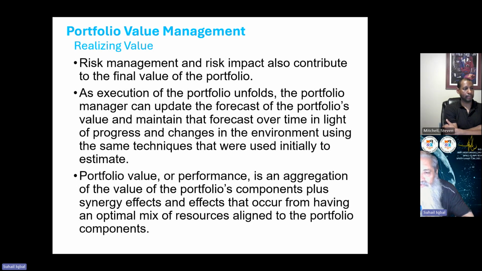As execution of the portfolio unfolds, the portfolio manager can update the forecast of the portfolio value and maintain that forecast over time in light of progress and changes in the environment using the same techniques. So, we were talking about the portfolio value. Our performance is, as we know, the aggregation of the value of the components.